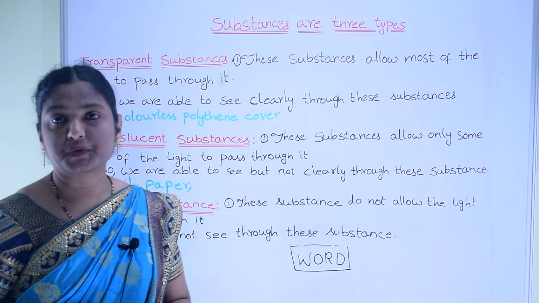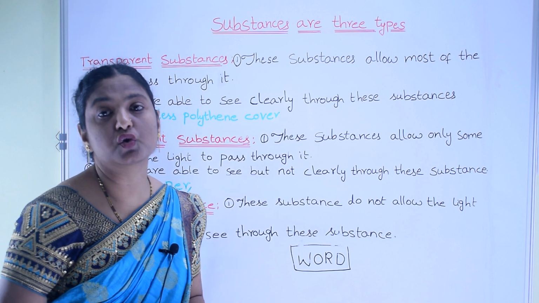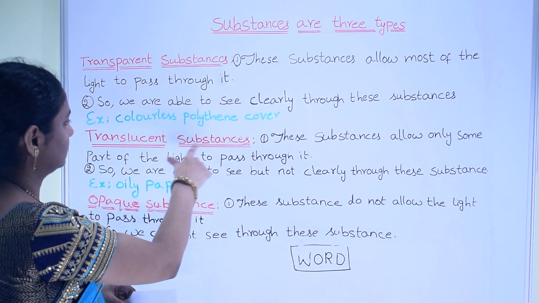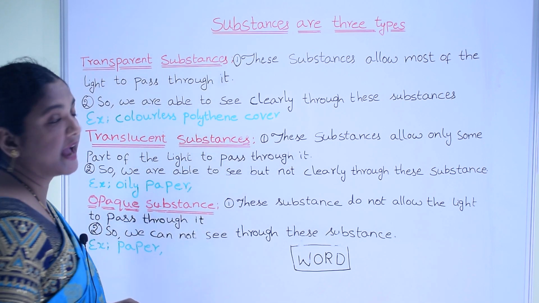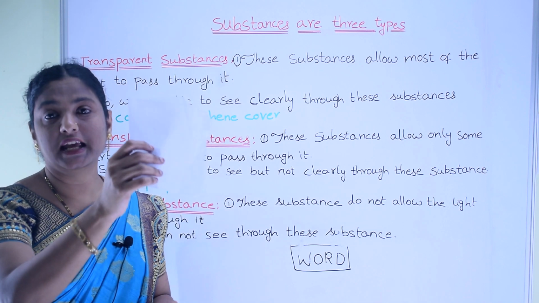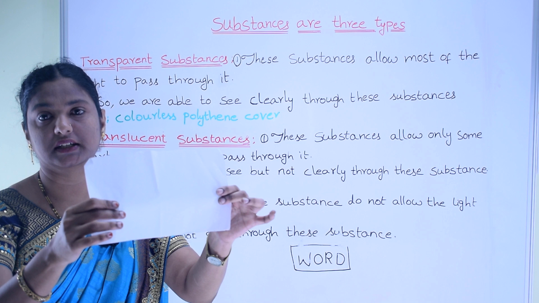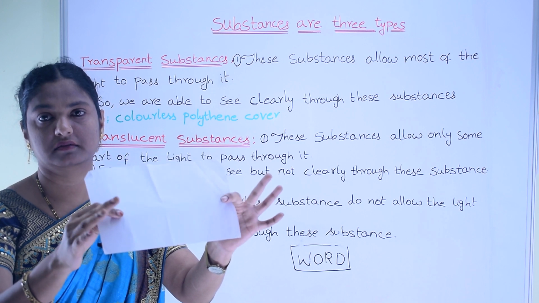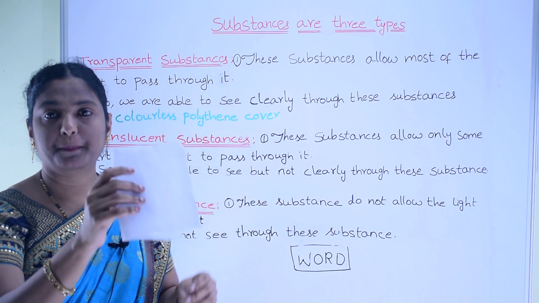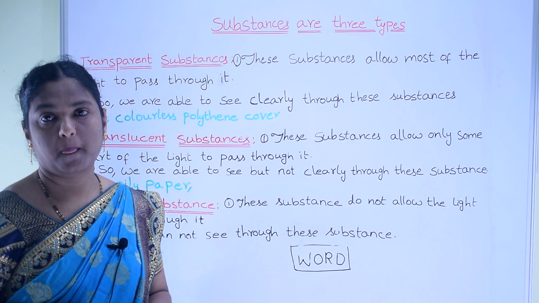Such substances are called translucent substances, and the example is oily paper. I just poured oil on it. That's it, like that I prepared this oily paper.